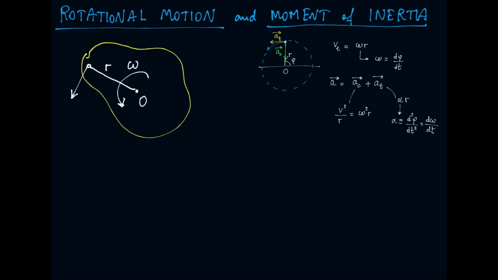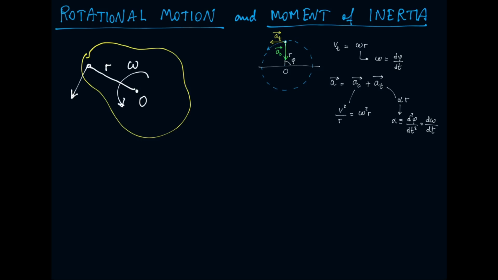We'd like to be able to describe this motion, which happens all the time. If you spin a yo-yo, or the wheels of your bike as you're riding it to PHS or wherever, there are a lot of applications of rotational motion, the motion of objects that rotate. And in particular, it's an interesting question to ask: what is the energy associated with this motion?